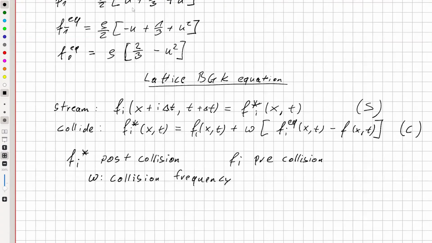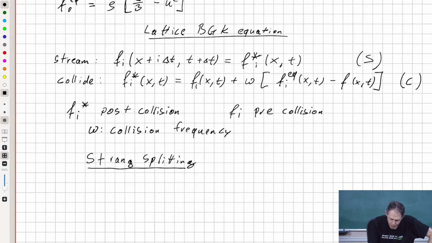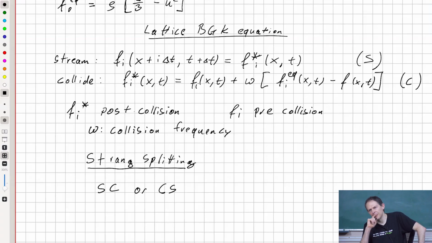Okay. Now what we are doing here is we're splitting up the Boltzmann equation into two parts, namely a streaming and a collision. And by this, obviously, we make a mistake, because we have to make this strange decision: do we do streaming first and then collision, or collision first and then streaming?